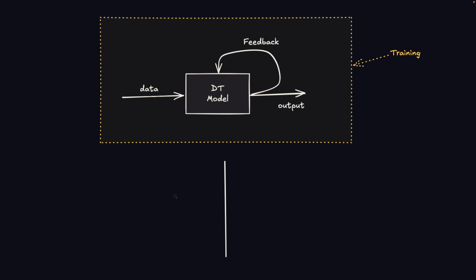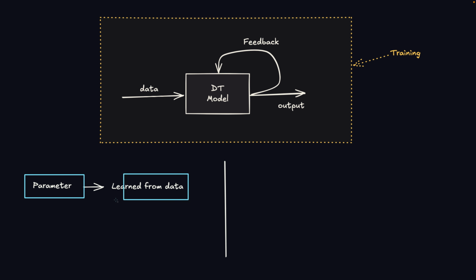Here, during the learning, the model figures out its internal parameters or configurations. If we take decision tree as an example, it works out what kind of decision nodes it needs to have, and what kind of leaf nodes it needs to have. All of those things are parameters. These parameters are learned from data during the training process.